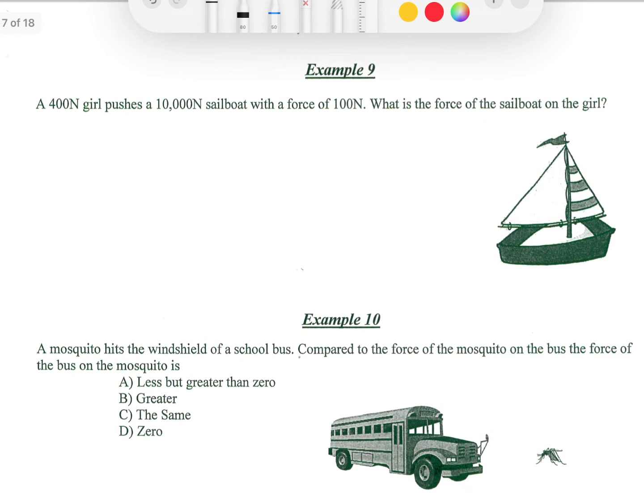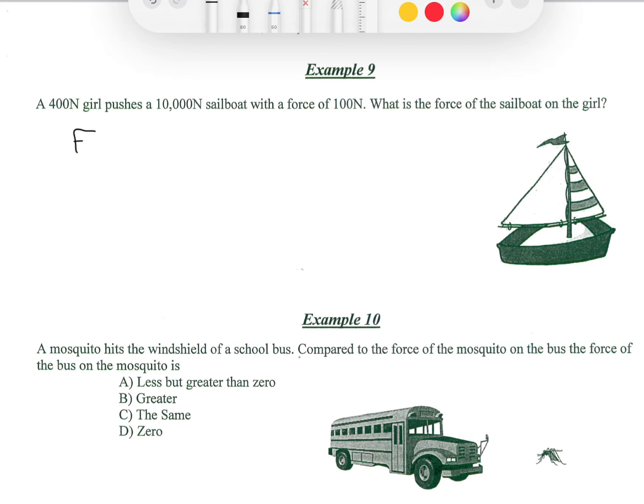Alright, so let's take a look at some examples of Newton's third law here. We have a 400 Newton girl that pushes a 1000 Newton sailboat with a force of 100 Newtons. What is the force of the sailboat on the girl? There are a lot of numbers here, but it's actually going to be a little bit simpler than we think.